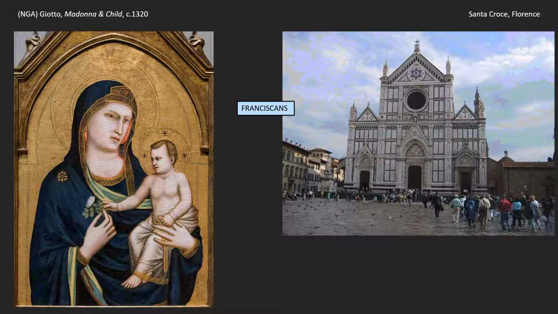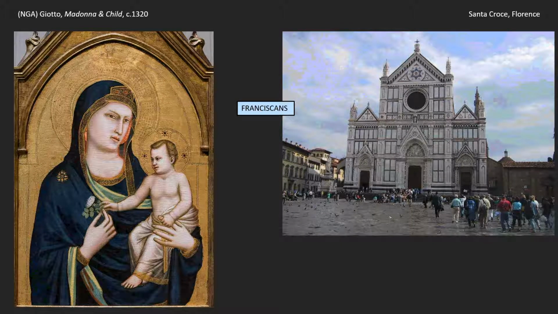And I think what we're seeing, it's very difficult to put an exact cause and effect on this. I mean, I'm kind of stamping it with a bit of that cause and effect, but the cause and effect is that the Franciscans and the Dominicans changed the way people thought about their religion. And Giotto changes his pictures to meet that expectation.